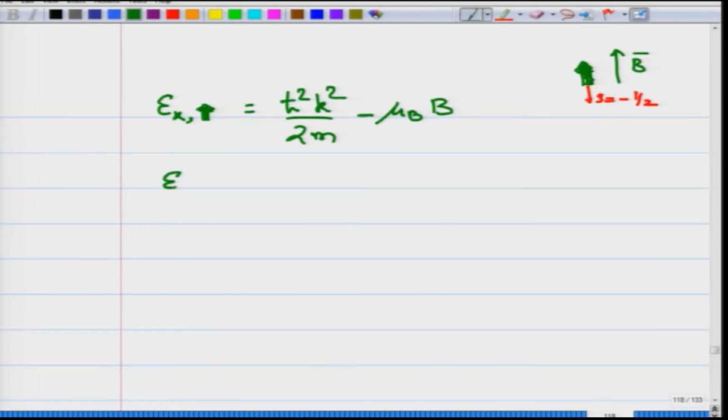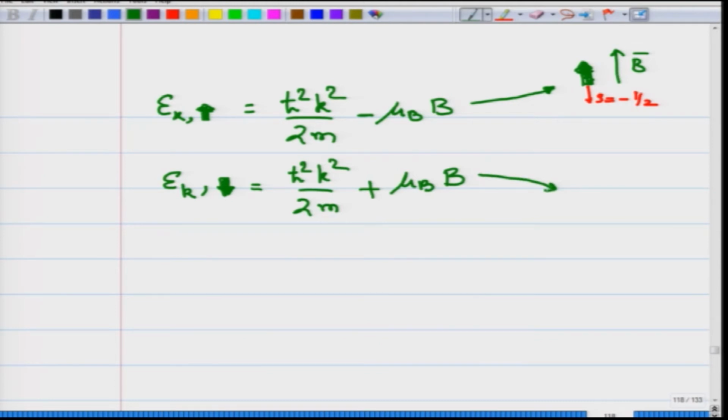And for the electron with momentum k, but with the magnetic moment down, for the magnetic moment opposite to the direction of the magnetic field, the energy is h cross square k square by 2m plus mu B into B. This was for the case where the magnetic moment is parallel to the direction of the magnetic field. This is for the case where the magnetic moment is anti-parallel.